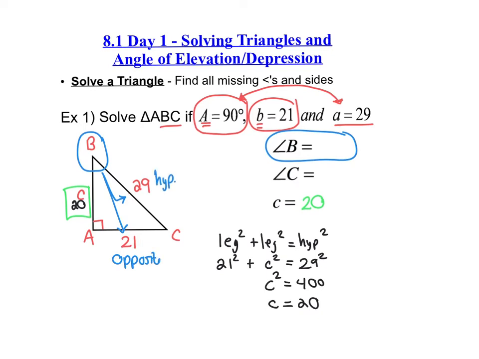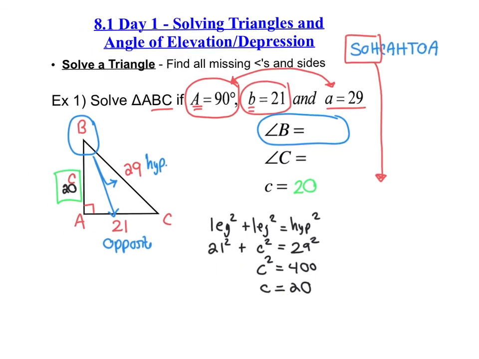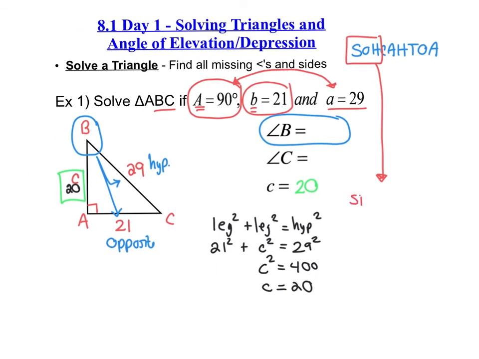So in terms of our trig functions, we call it SOHCAHTOA, going way back to the introduction to trig as well as our geometry. The one ratio that compares opposite and hypotenuse is going to be the sine function. So to find angle B, we're going to write the sine of angle B equals the opposite 21 over the hypotenuse 29.